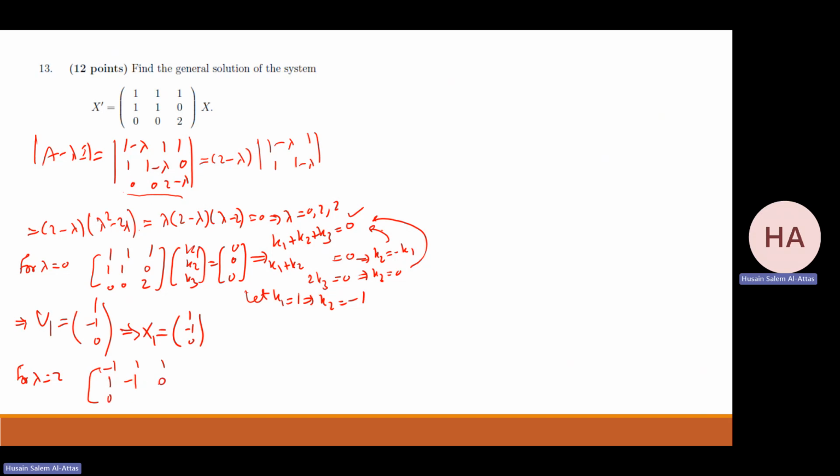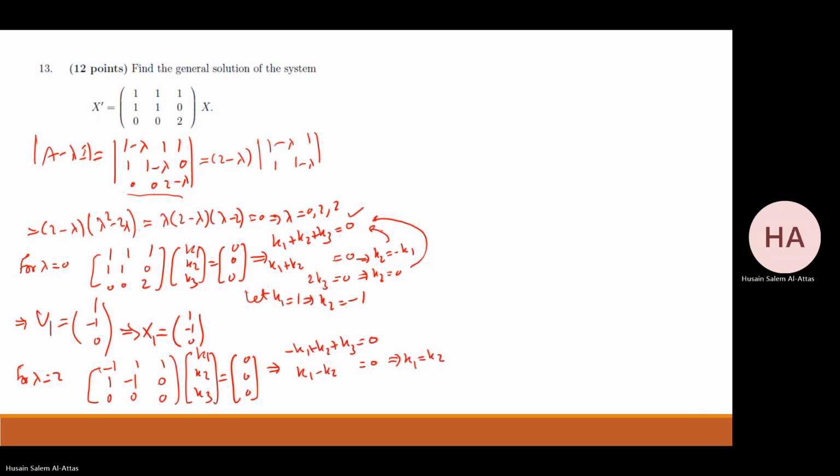And the last one, 0, 0, 0, times K1, K2, K3 equals 0, 0, 0. So we're getting what? Minus K1 plus K2 plus K3 equals 0. K1 minus K2 equals 0. And nothing. So from here, I'm getting K1 equal K2.